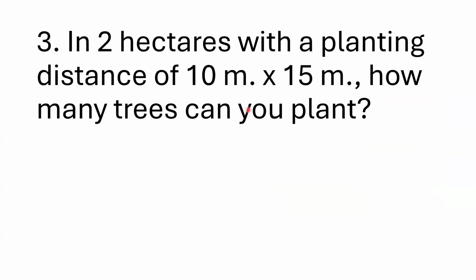Using a rectangular planting system, in 2 hectares with a planting distance of 10 meters by 15 meters, how many trees can you plant? So yung formula natin, number of trees equals total area divided by the distance between rows and distance between plants. So ang total area natin is 2 hectares. And 2 hectares is equivalent to 20,000 square meters.